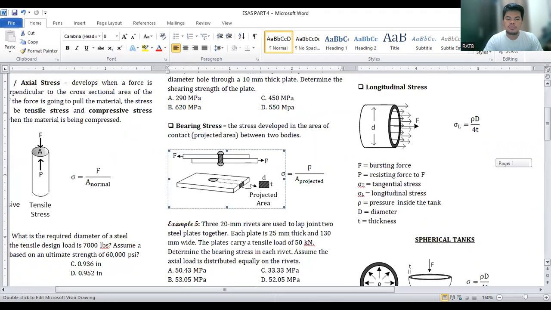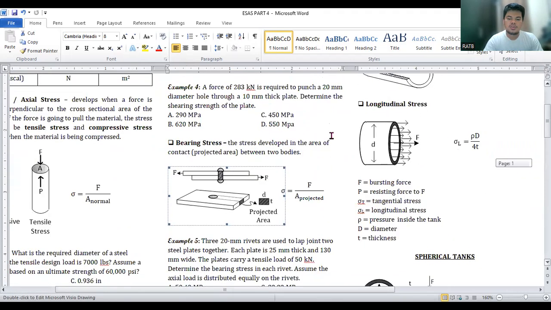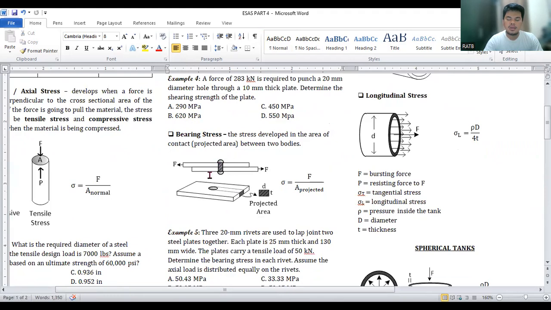And also, we have here the bearing stress. For the bearing stress, the area being considered is the projected area, given by the shaded area as shown in this illustration.